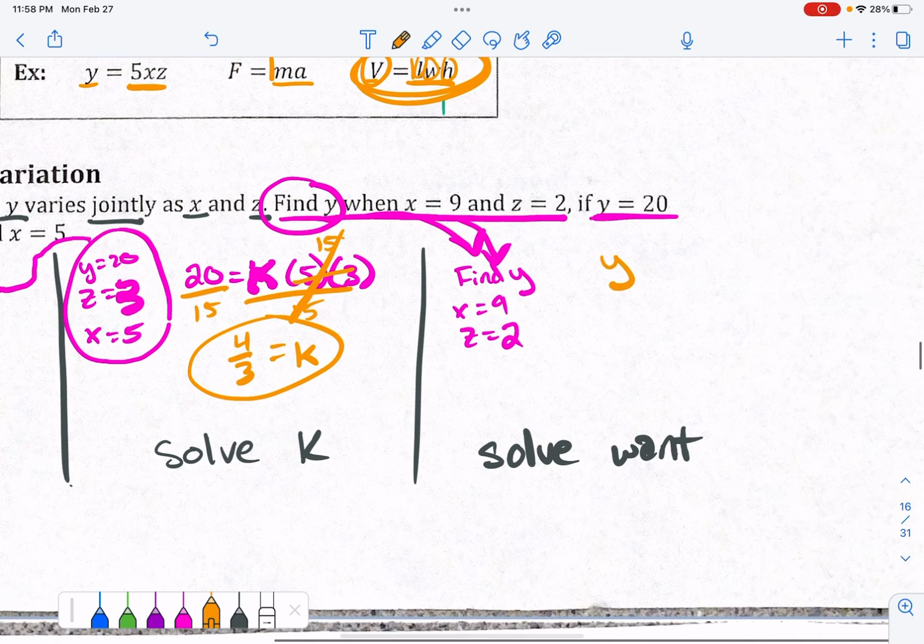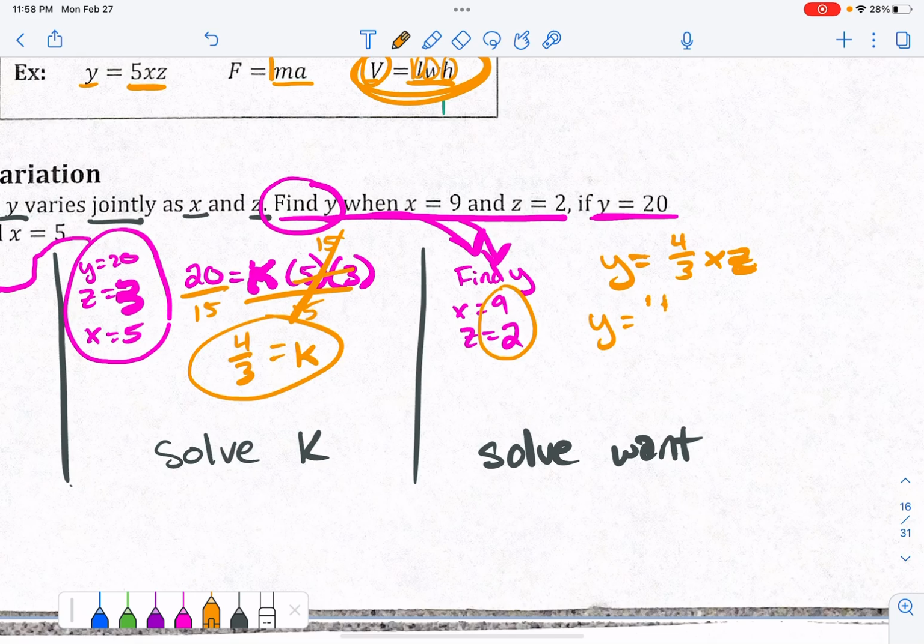So now if I go over here, I know that y equals 4/3, that's the k, times x times z. And all I need to do is just plug these numbers in and solve for y. So 4/3, x is 9, z is 2.